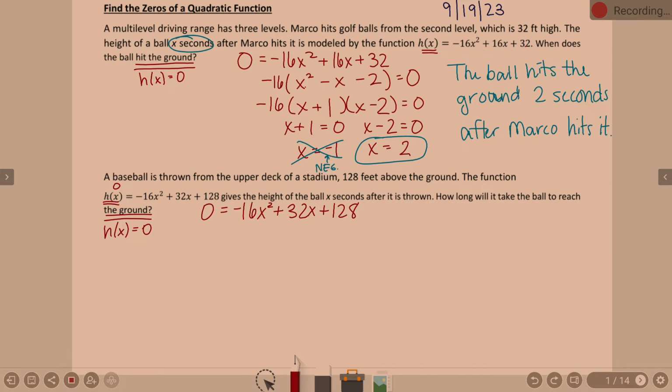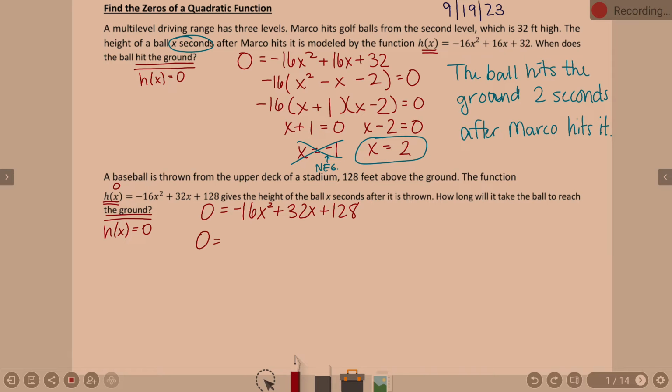Okay, where do you want to go to solve this? Does 128 divide by 16? It does. So can we divide everything by -16 again? We can, right? Look for those nice little tricks.